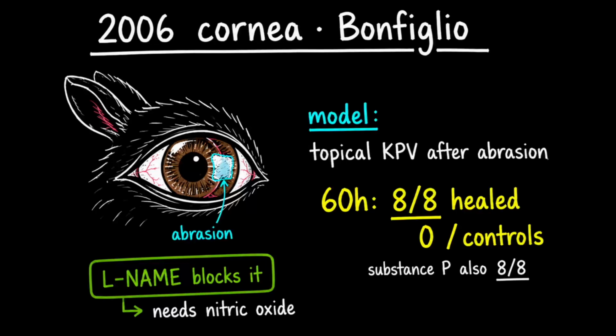And so were all 8 treated with substance P as a positive control, while none of the placebo corneas had healed. And when they pre-treated with something called L-NAME, which is a nitric oxide blocker, the KPV effect disappeared. So all this is trying to say is that nitric oxide was part of how it worked in this model.